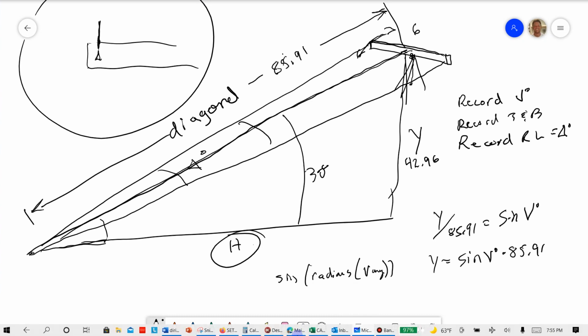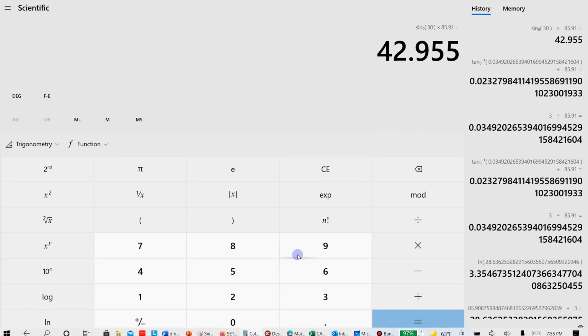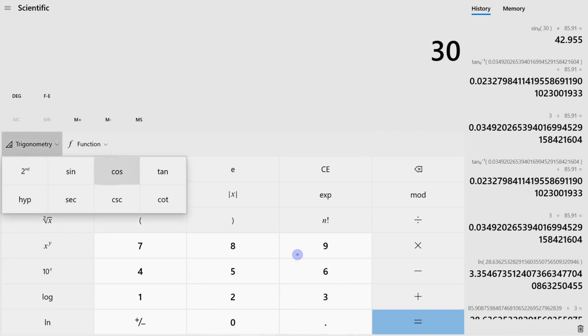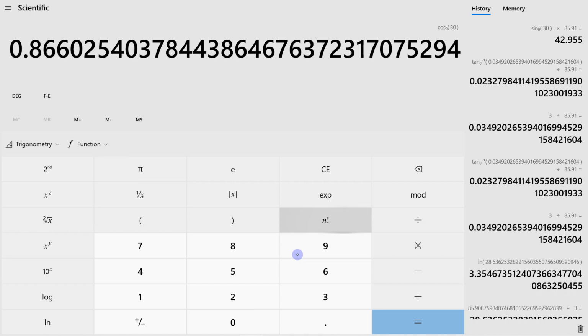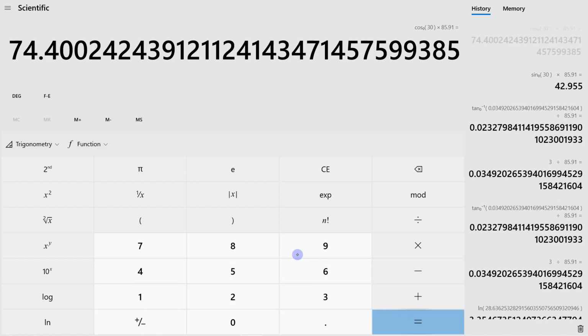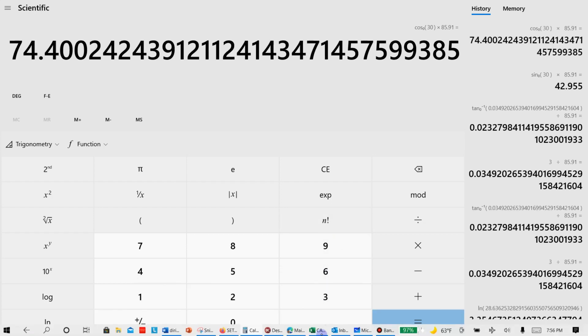And then the cosine, same thing as just using the cosine. We're going to multiply cosine of 30 times, what was it, 85.91. That gives 74.4.